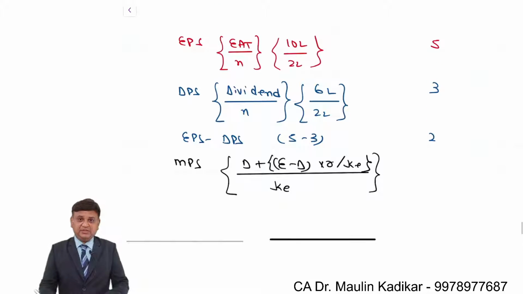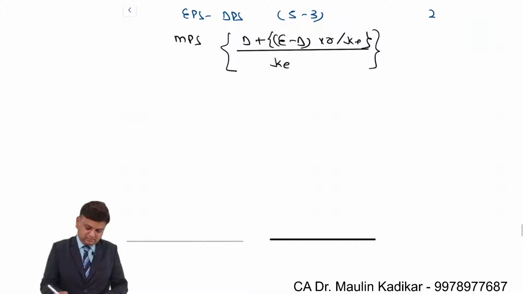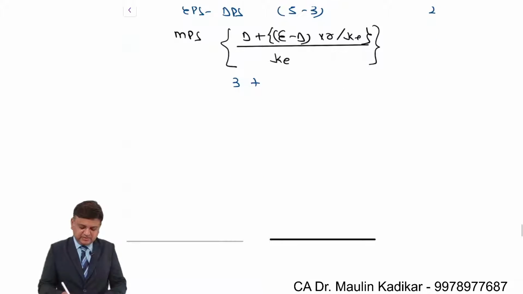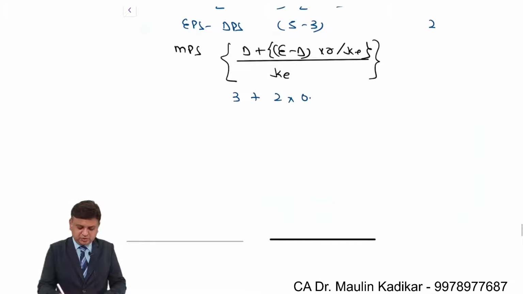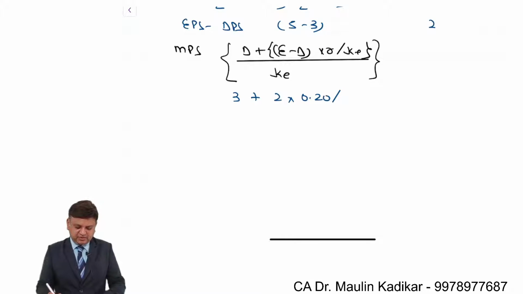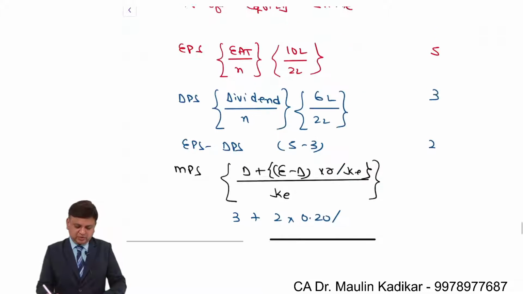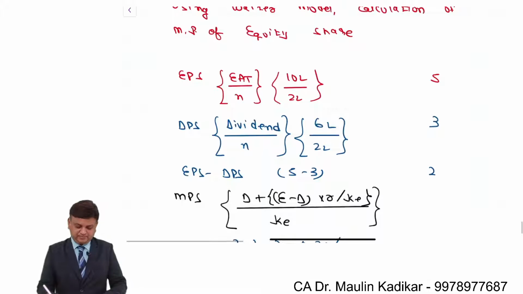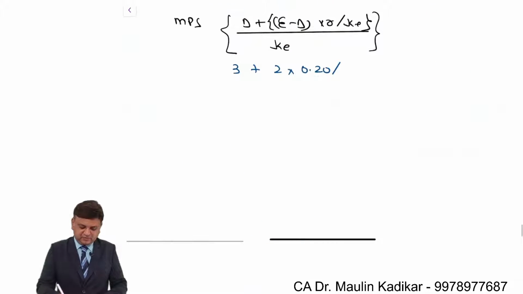What is dividend per share? It is 3. EPS minus DPS is 2, into R is 0.20, divided by cost of equity. For cost of equity, I forgot to make the calculation of the working note. We'll do it later on.